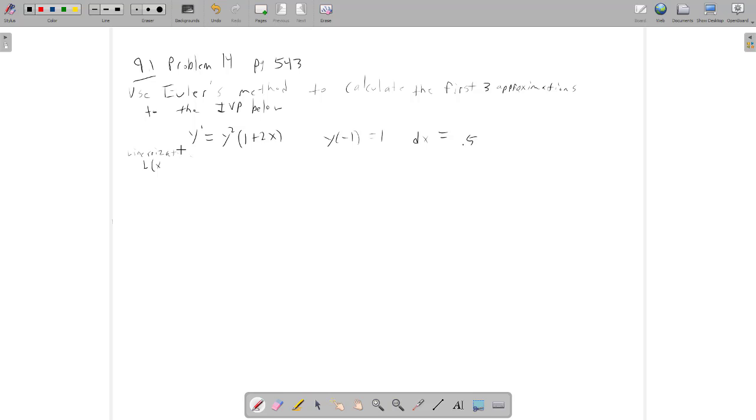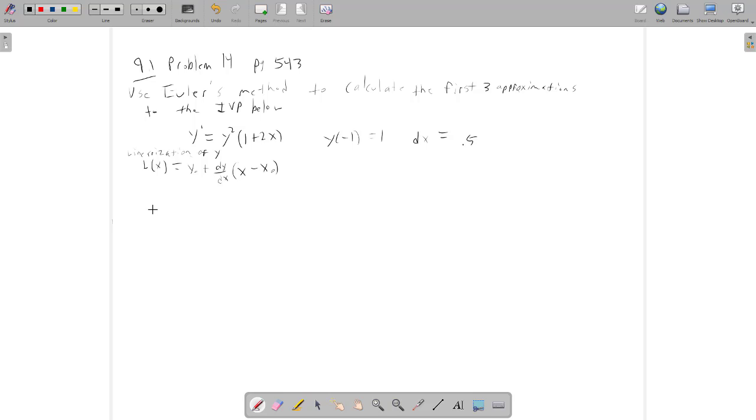The linearization of y is the point-slope equation, so it's the y value, y sub 0, plus the derivative there times the difference in x values. That was basically the formula for the tangent line of a function, or the linearization as we called it back in chapter, I want to say 3.